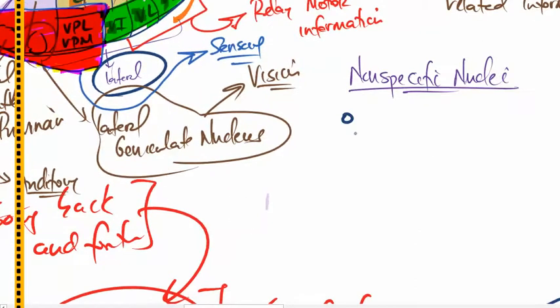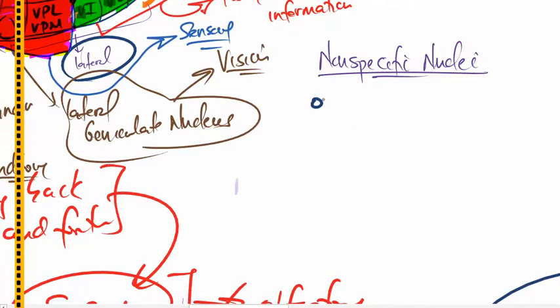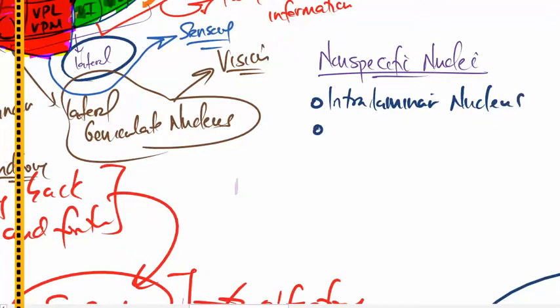In terms of the non-specific ones, you have the intralaminar nuclei, you have the pulvinar, and you have your medial dorsal.